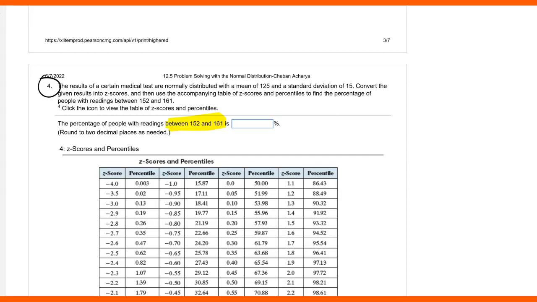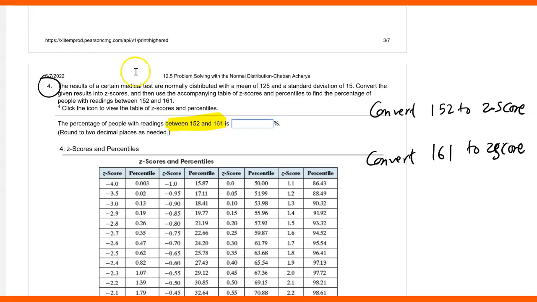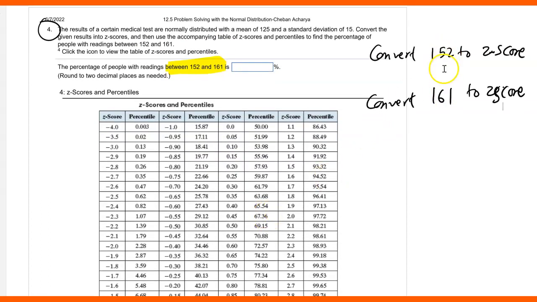Therefore the idea here is you have to convert the data 152 to a z-score, and convert 161 to a z-score. Then you find the percentage between these two readings using the table.